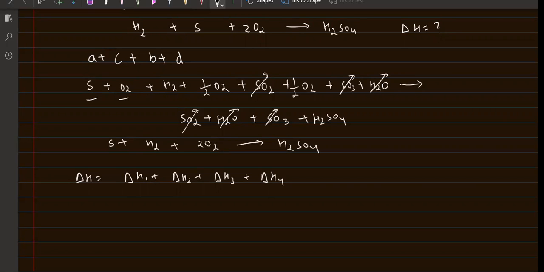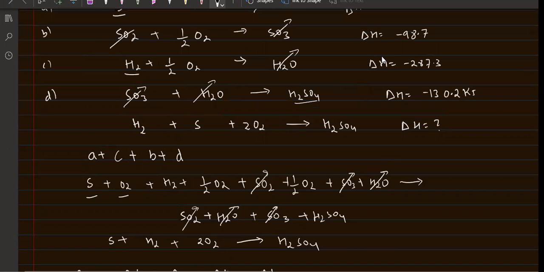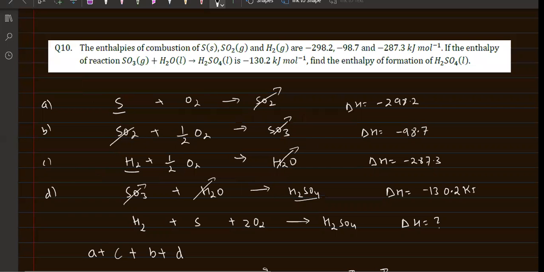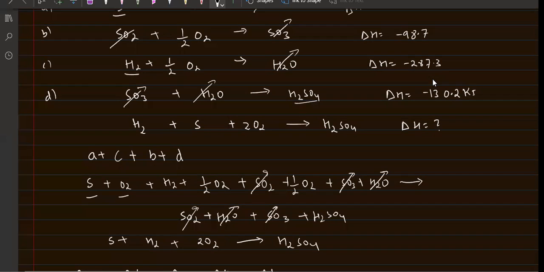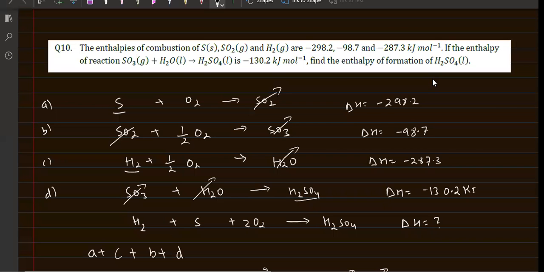Okay, everyone. So this was your question number 10. This was a basic problem of Hess law. You might ask how to write the reaction of heat of formation. Just take the elementary components of a compound, existing in natural state, on the reactant side.